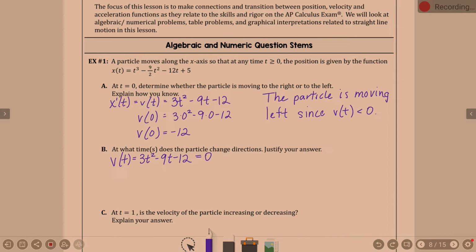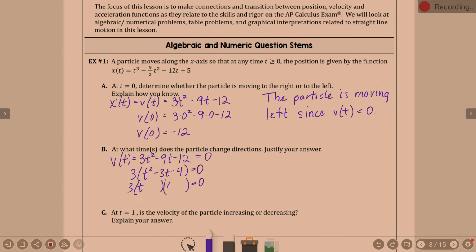If you look carefully, all three terms, you can factor or divide out a 3, which makes this much better, doesn't it? And it is an equation, so you can divide the 3 out altogether. I opted to factor it out. T squared minus 3t minus 4 will factor, yes.